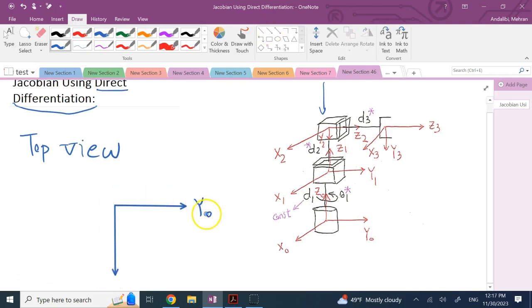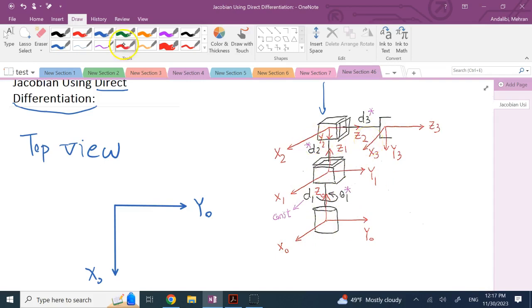So let's write them down. The base frame, then frames 1, 2 and 3, all of these frames basically have the same angle because there is no rotary joint between them. They will all be rotated with angle theta 1, which is measured from x0 to x1, or in this case x2 or x3.